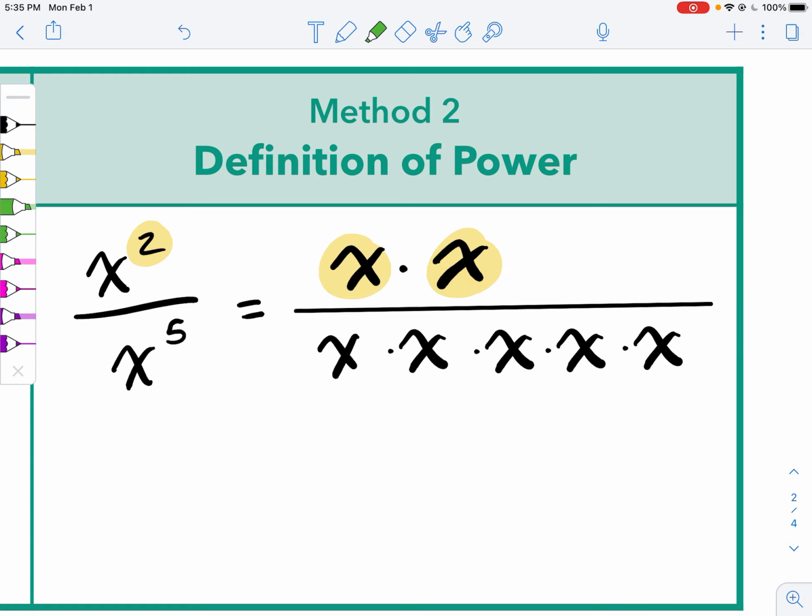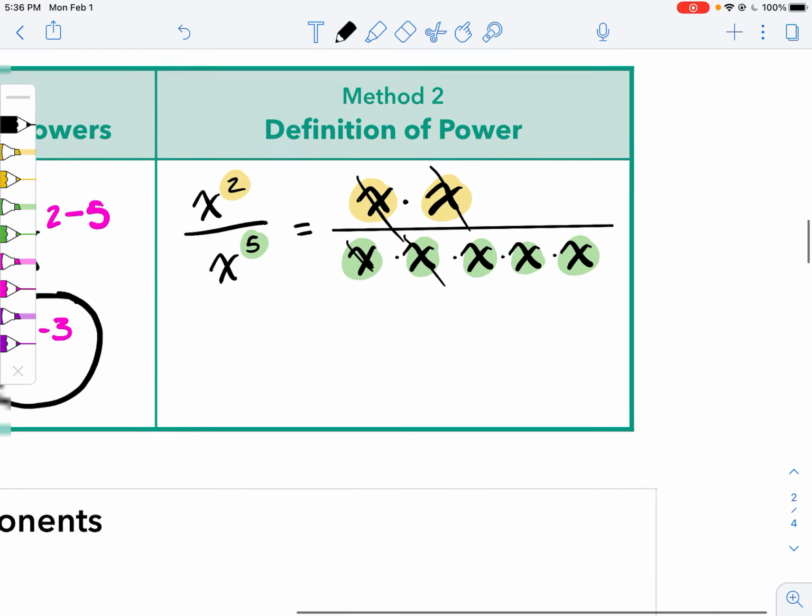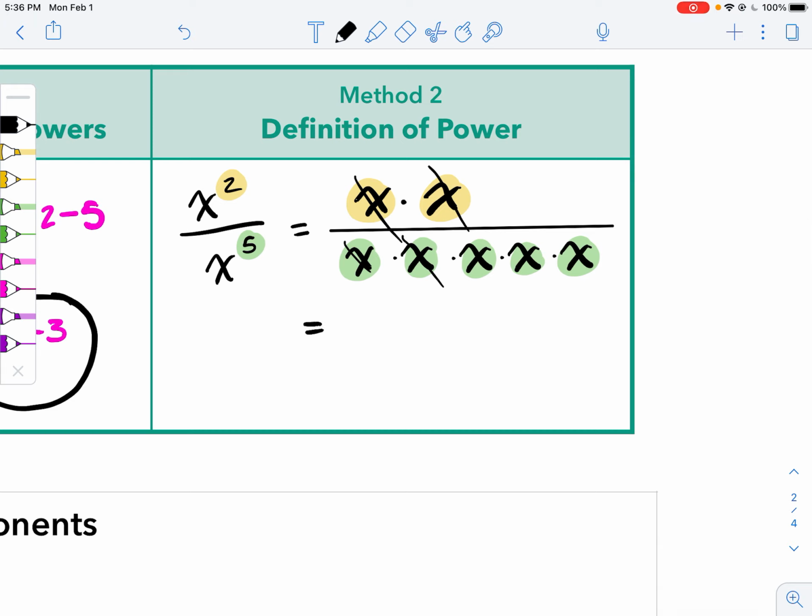But because we're working in a fraction, we can reduce these out. Done. That's just a 1 on top, giving us 1 over x times x times x.